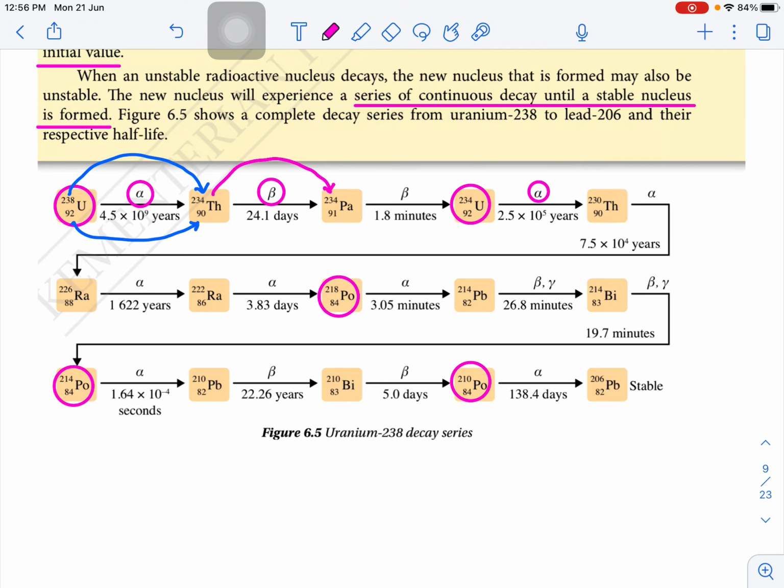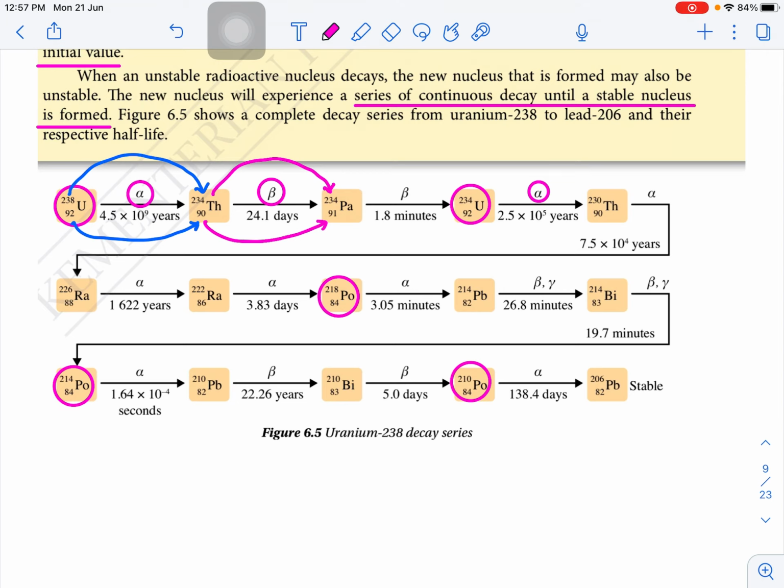But the beta particle will affect the proton number, where the proton number of thorium-90 will increase by 1. We have to plus 1. 90 plus 1, so the new proton number will become 91. So the nucleus changes to a new nucleus, that is Pa, 234-91. 91 is Pa. What is Pa?